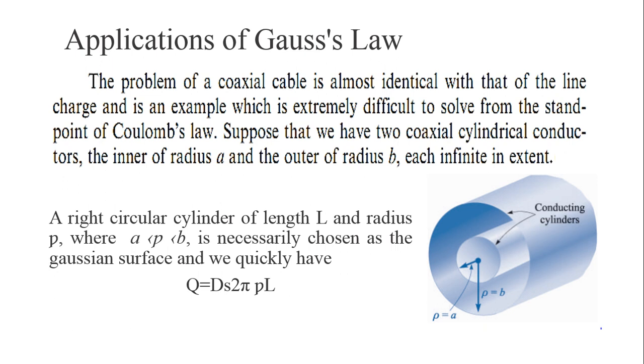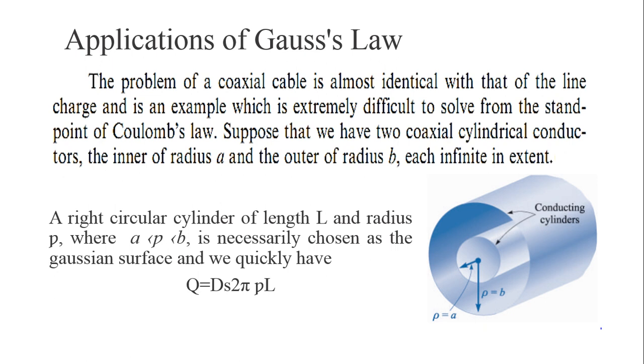So we will select a Gaussian surface having the radius rho, where rho will be greater than A and less than B. So a right circular cylinder of length L and radius rho, where rho is greater than A and less than B, is necessarily chosen as the Gaussian surface.